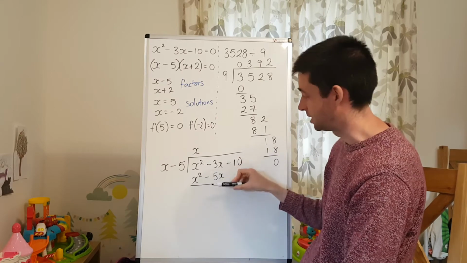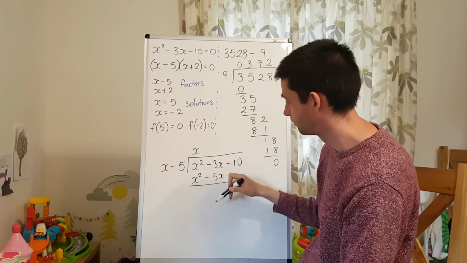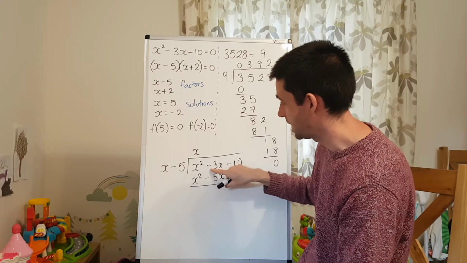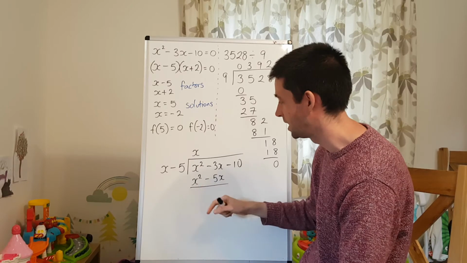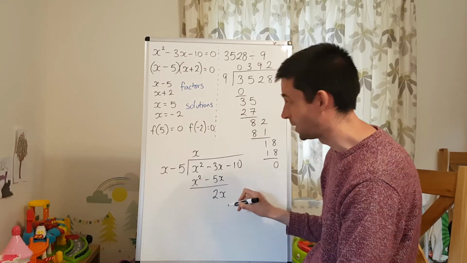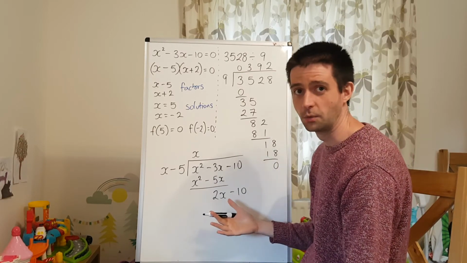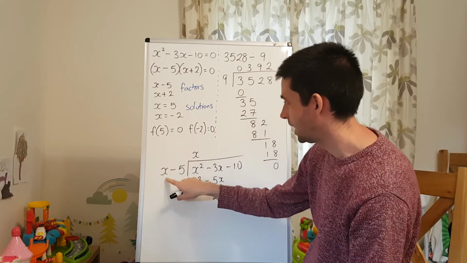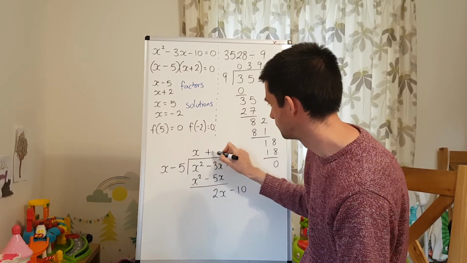And I find the remainder by subtracting. x squared take x squared is nothing. Careful with the signs here. Negative 3x, take away negative 5x. So taking away a negative, we're adding 5x to negative 3x, which is going to give us 2x, and then bring down the negative 10. And you might already be seeing what's about to happen. x into 2x goes 2.